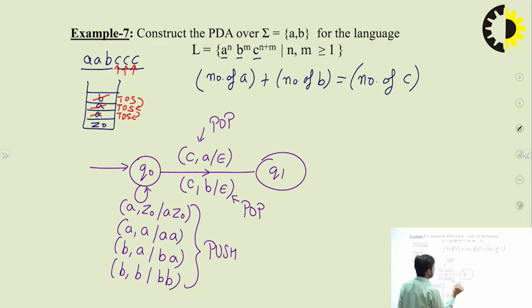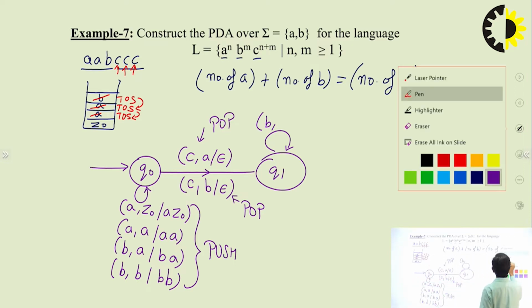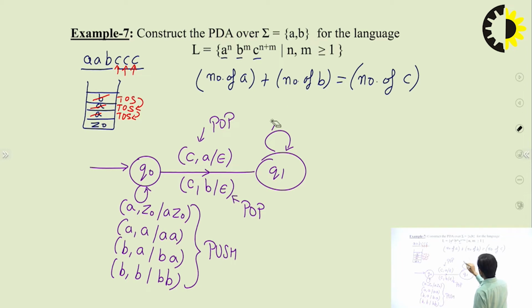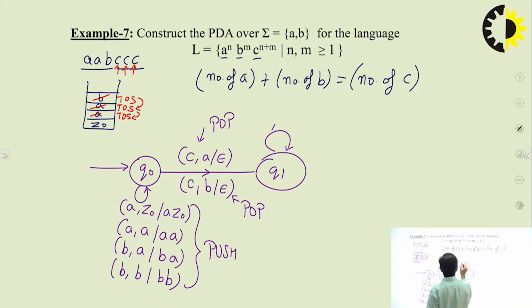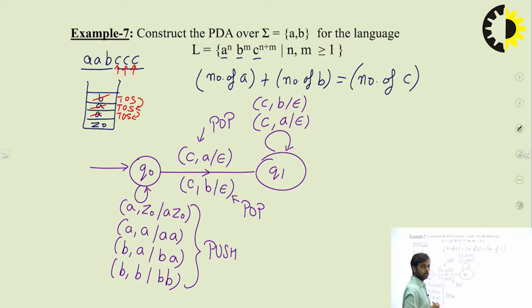Now I am at state q1. Now when input is B, sorry, not B, because all A and B are over. Input is C, top of the stack is A, all A will be over. Input is C, top of the stack is B, all B will be over.